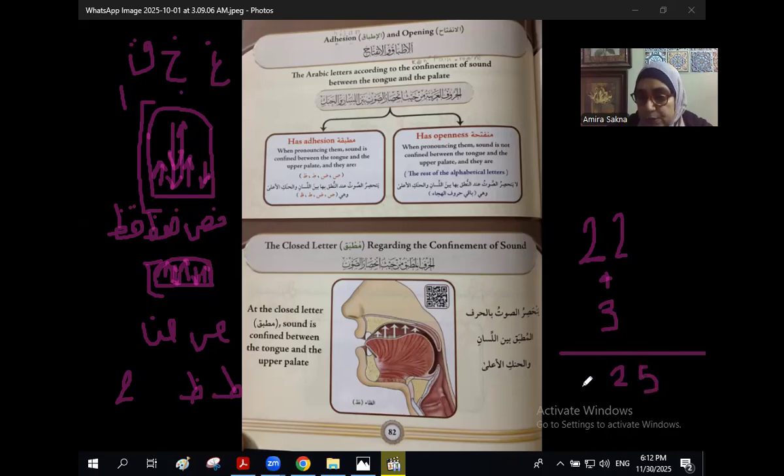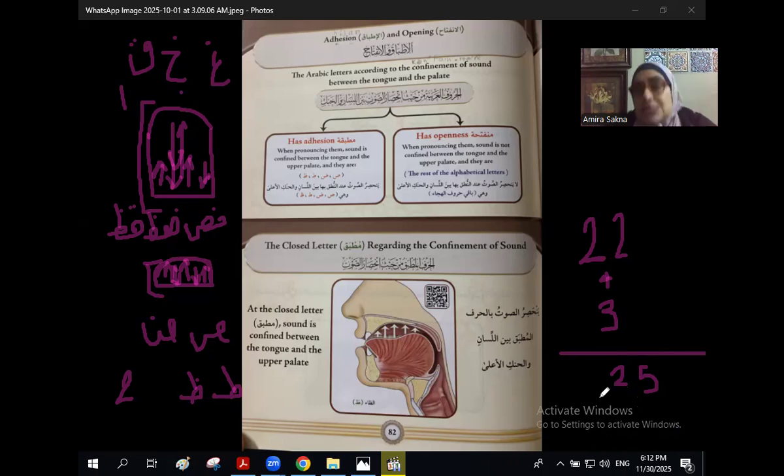What happens when we pronounce them? The sound does not get confined between the tongue and the upper palate. Ghayn, kha and qaf from the elevated letters, and all the lowered letters, مستفل letters, of course, have opening, or they are منفتح letters.